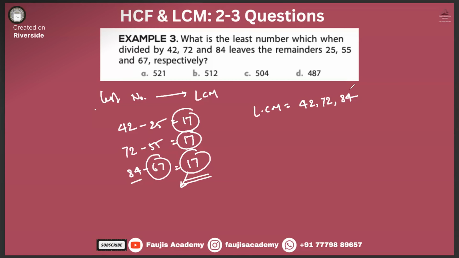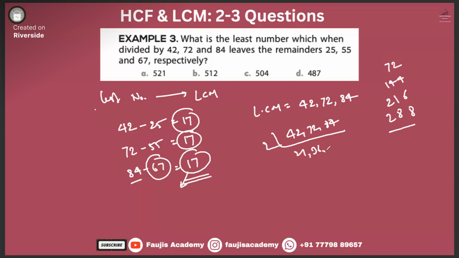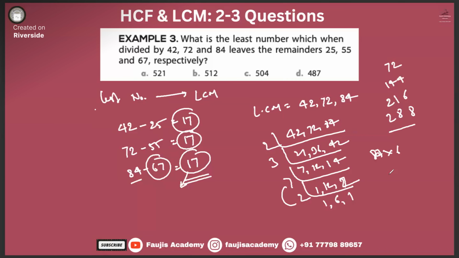Using division: 42, 72, 84, divide by 2 gives 21, 36, 42; by 3 gives 7, 12, 14; by 7 gives 1, 12, 2... Guys, let me know if I do any calculation error. 42, 84 into 6, 504. 504 is your LCM, guys, right?